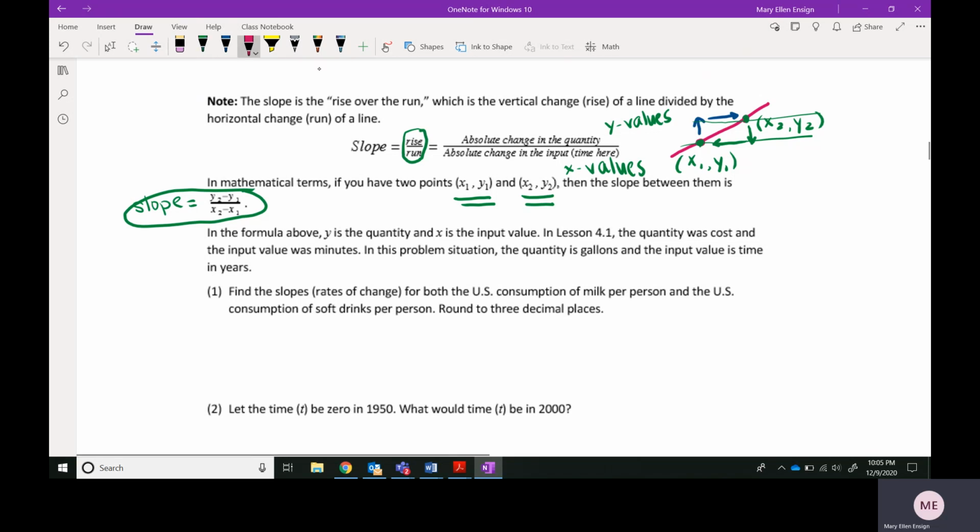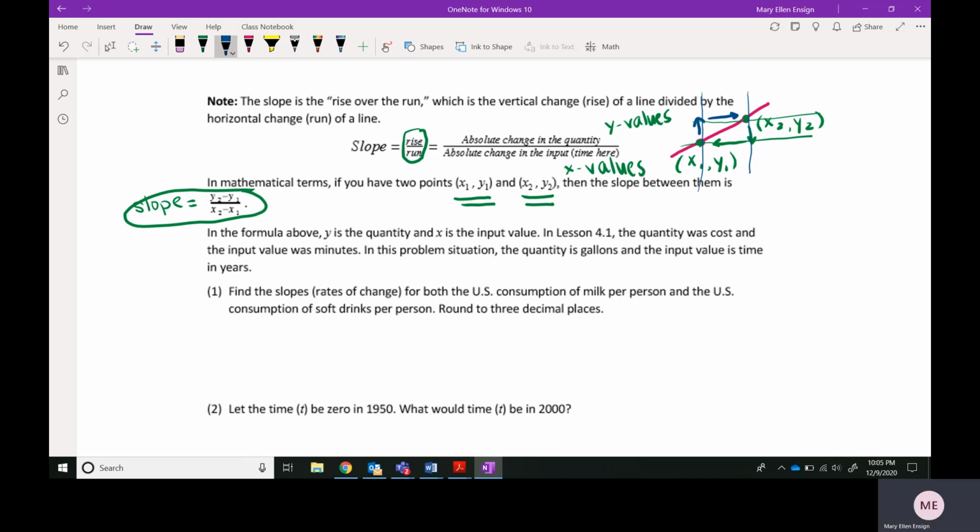If I want to find the horizontal distance between these two, or again, the difference between here and here, then I'm taking the x value over here on this graph and subtracting this x value, x2 minus x1. Okay, so that's how we're going to find the slope, and we'll use that here in just a minute.